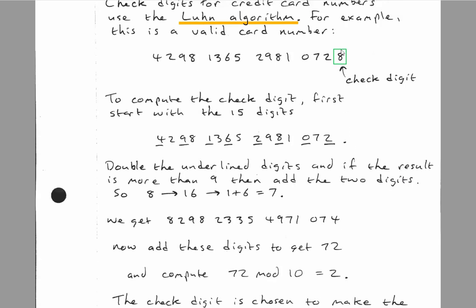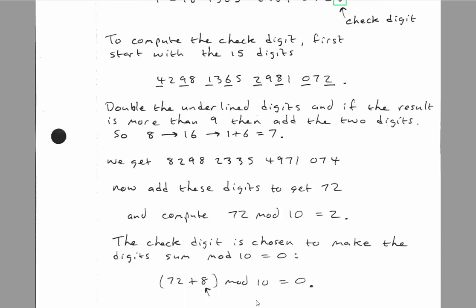And so what is the check digit? Well, the idea is you want to add a number here, add something to the 72 so that you get something with remainder 0 when you divide by 10. Adding 8 to 72, we get 80, and 80 mod 10 is 0.